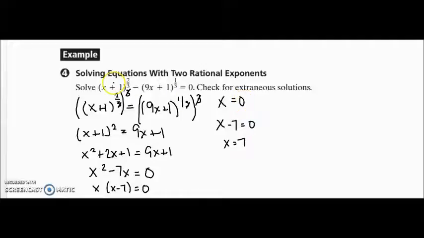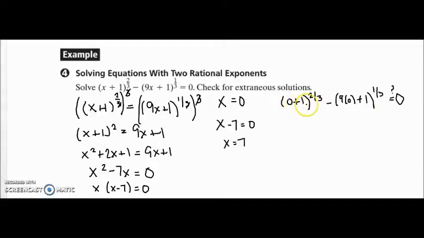So let's plug these back into the original equation. Let's try 0. So we would end up with 0 plus 1 to the 2/3 minus 9 times 0 plus 1 to the 1/3. And I want to know, is that equal to 0?